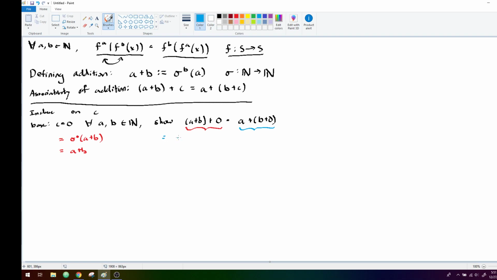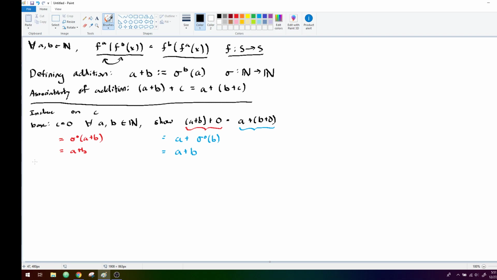That is going to be a plus the result of applying sigma 0 times to b, which we defined as the identity. So this is a plus, well, just b. And so these two expressions wound up being equal, and indeed adding 0 to both sides of an equation does not change the validity of the equation, regardless of how you group the parentheses. And that's what we've established here with our base case.